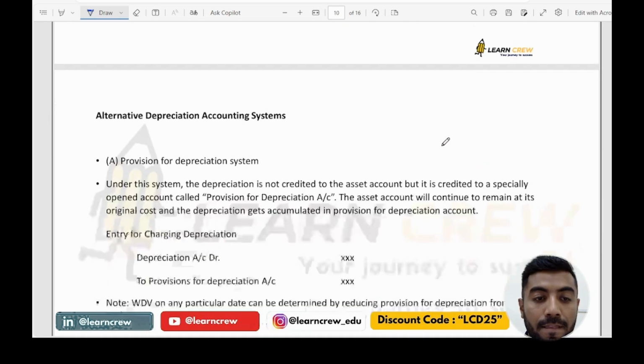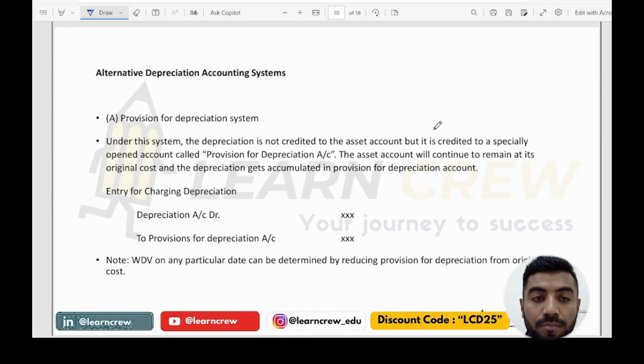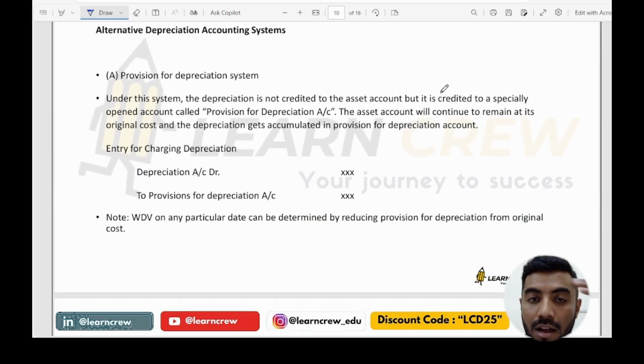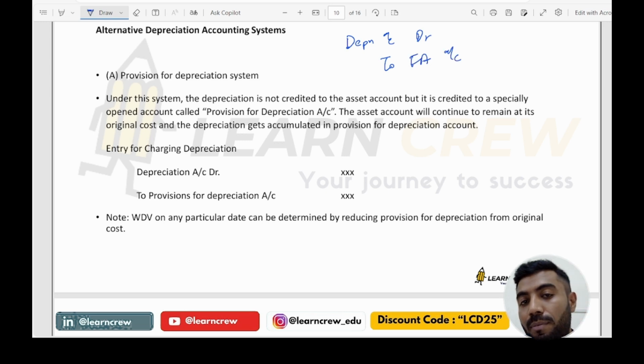Now we'll see the accounting for depreciation. Generally, how do you account for depreciation? Depreciation account debit to fixed asset. Whatever the asset might be, the fixed asset account will be posted.